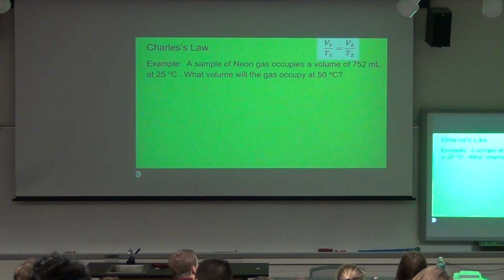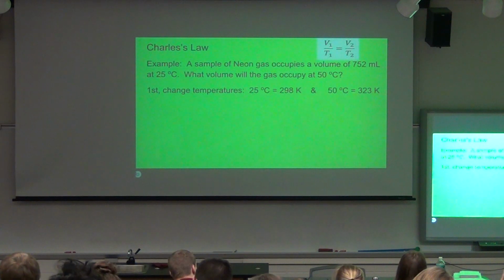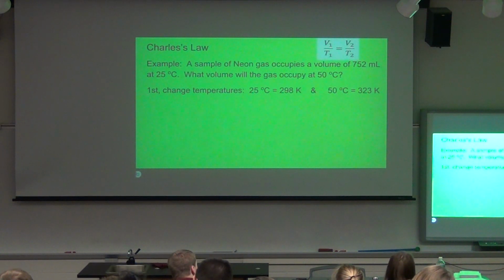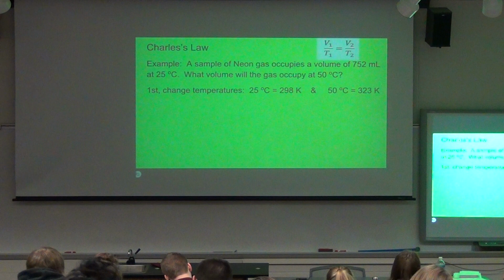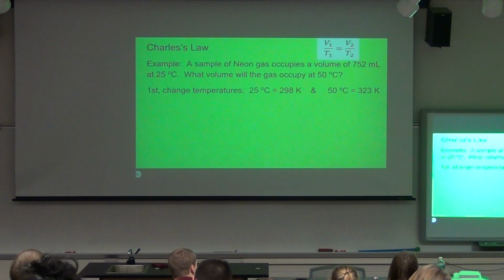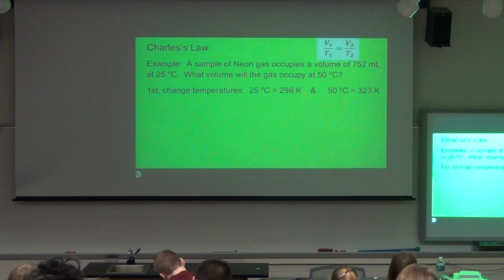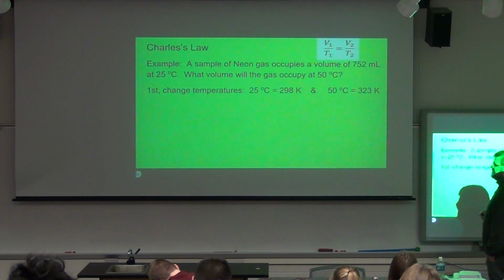Should increase because our temperature is increased. First thing we need to do though is change those Celsius temperatures to kelvins. So 25 plus 273 is 298. 50 plus 273 is 323. Got to make those changes.